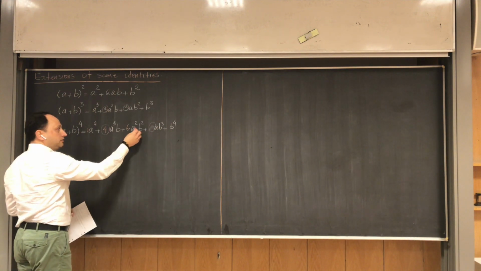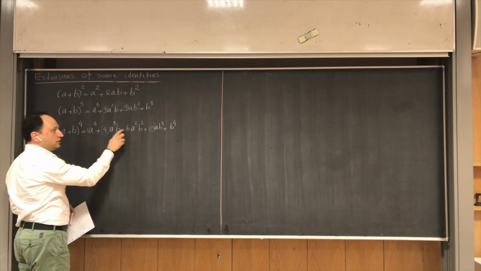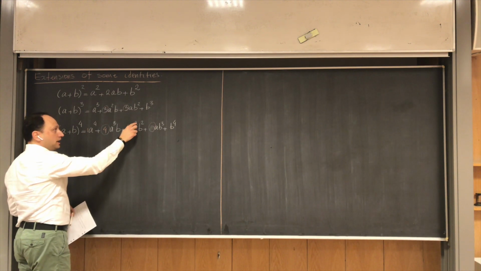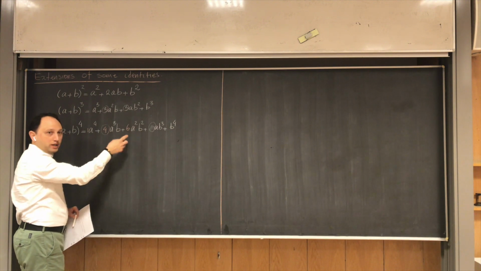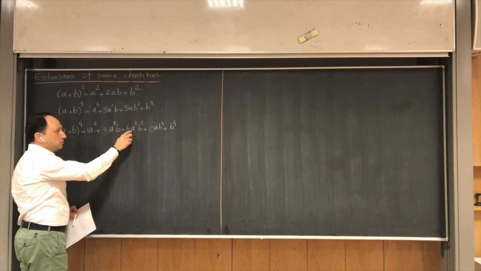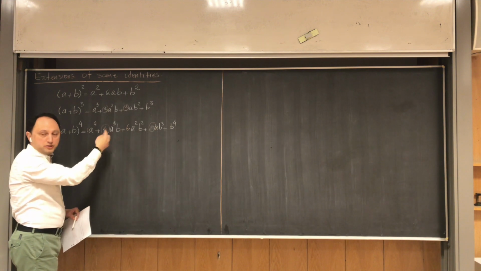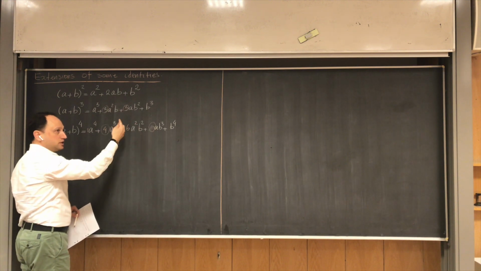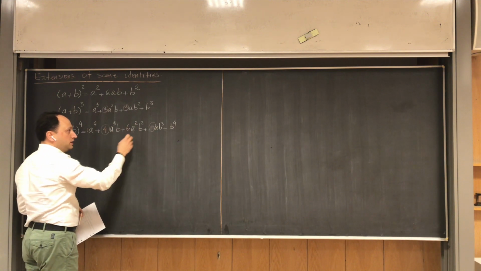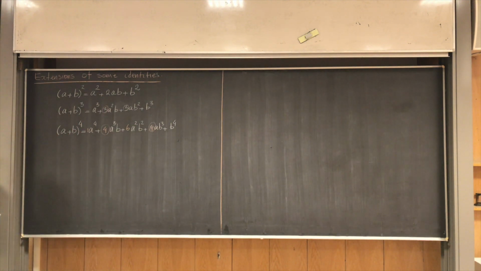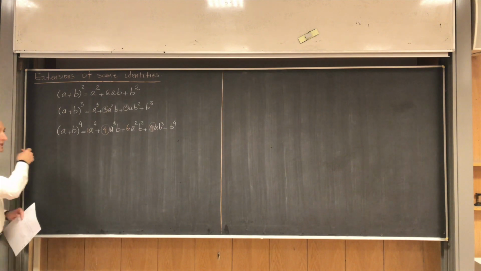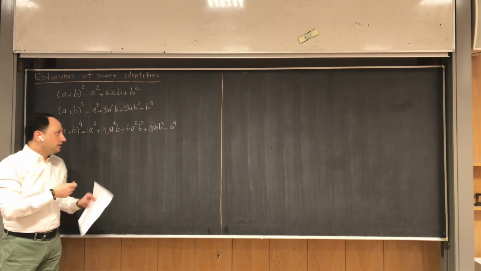I go to my previous term, which is the third term. I multiply this exponent by this coefficient, it becomes 2 times 6, 12, and I divide by the number of terms written so far, which is 3. So 2 times 6 is 12, divided by 3 is 4.